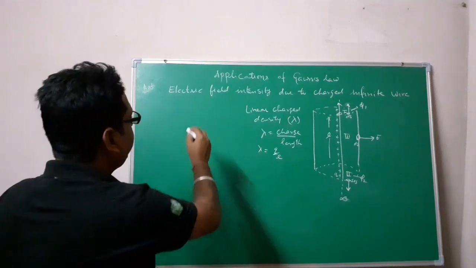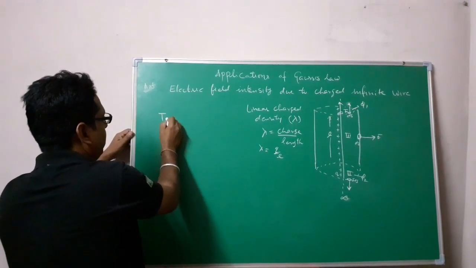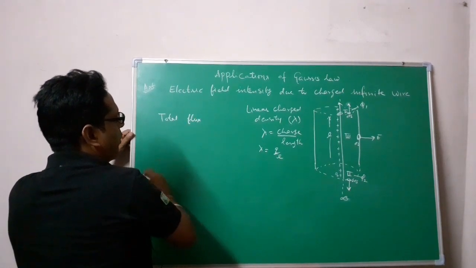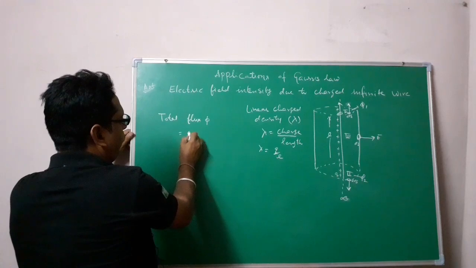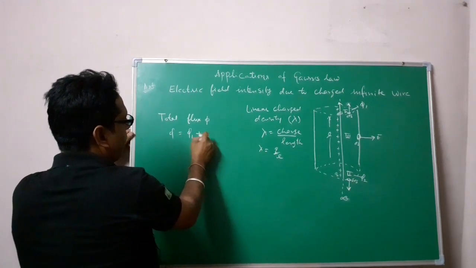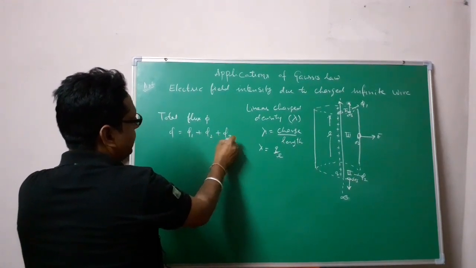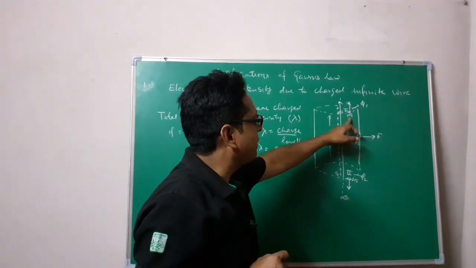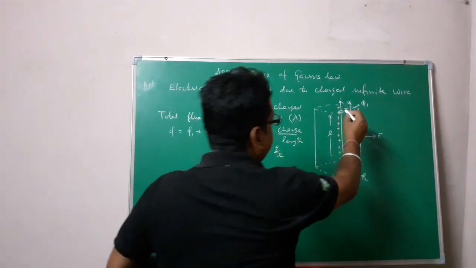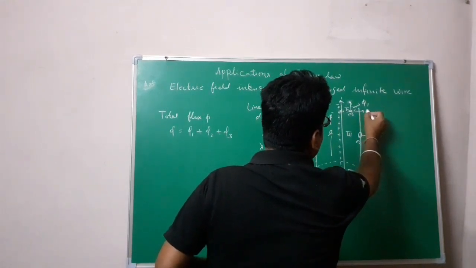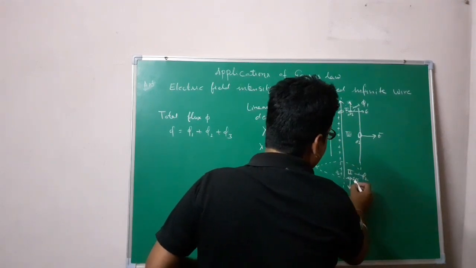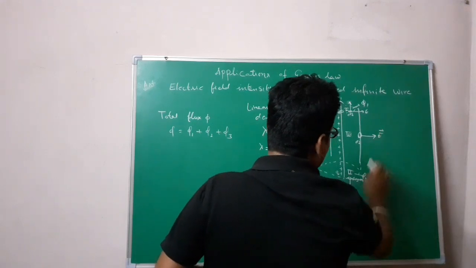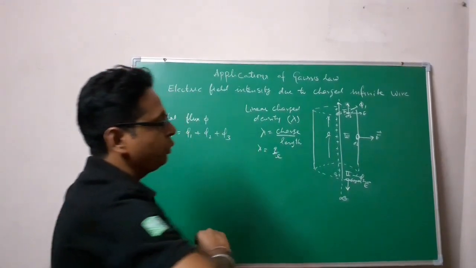So then what will be the total flux? Total flux, let it be phi. So phi is equal to phi 1 plus phi 2 and phi 3, right? Since this dS along this and the electric field along this are perpendicular to each other, like this also. The electric field is in this direction only, so they are perpendicular to each other.